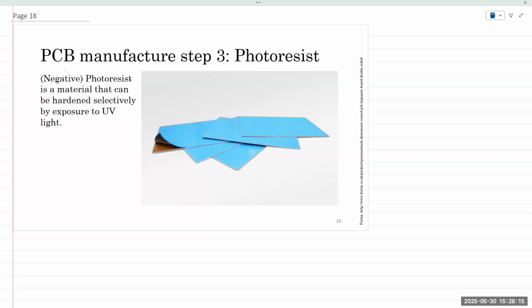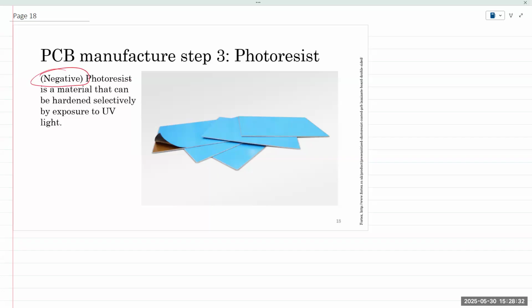So in the slide here is an example of a negative photoresist. If you've ever heard the term film negative, like with film cameras, the reason is that it creates the opposite pattern when light goes through that film.